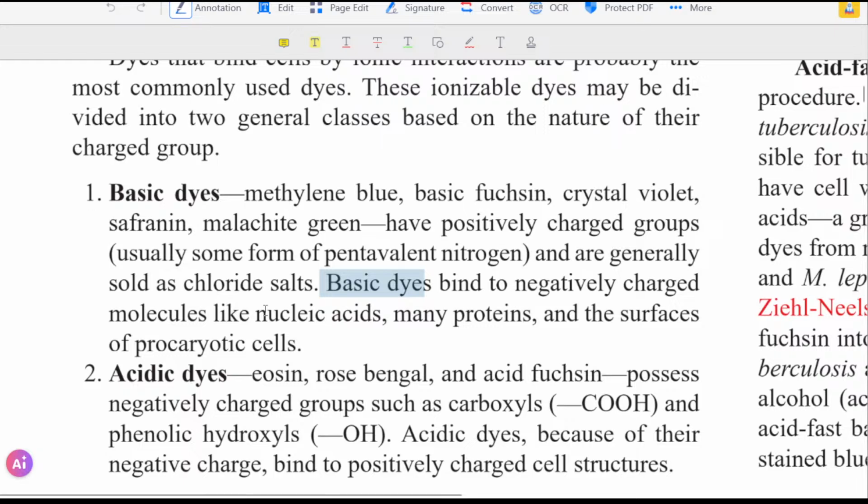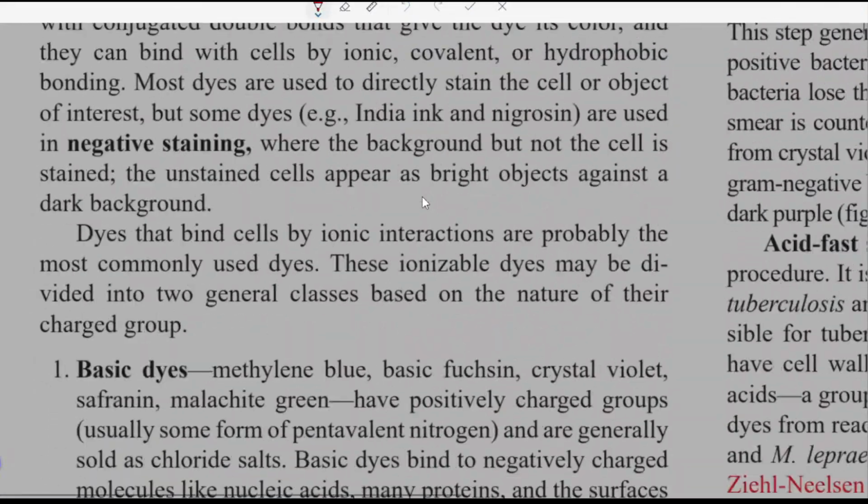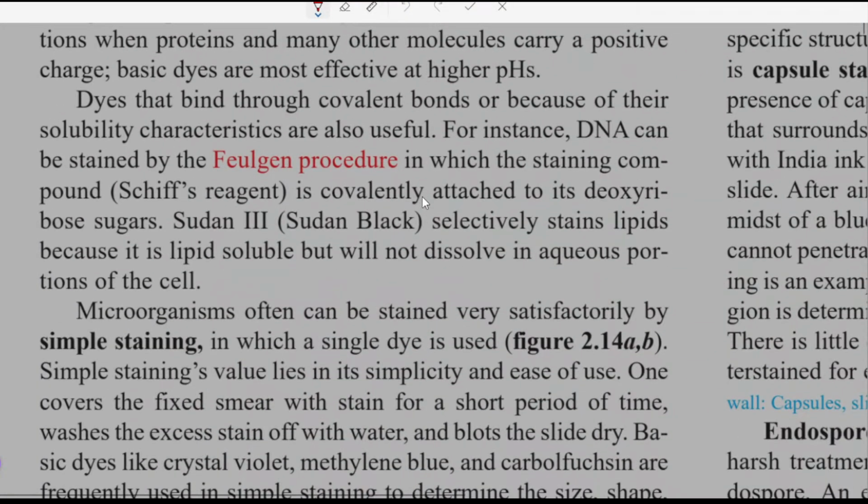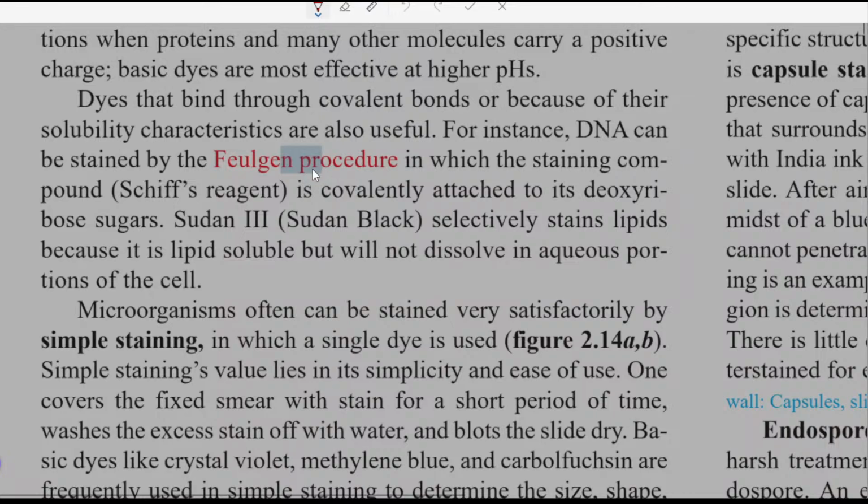Nucleic acid is negatively charged because of its phosphorus, right? Get it? P, nitrogen. What am I drawing? How does DNA look again?